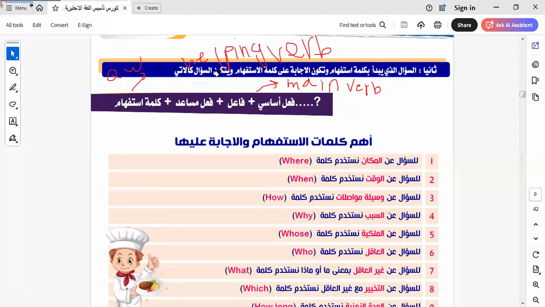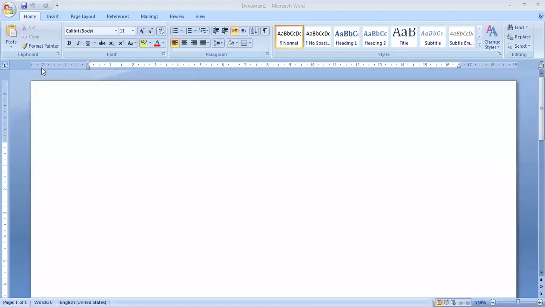I would like to do an example for you on a separate paper to practice this rule. Okay, let's explain this together to be able to see it. Here when we say, for example, I live in Cairo, I ask with where.